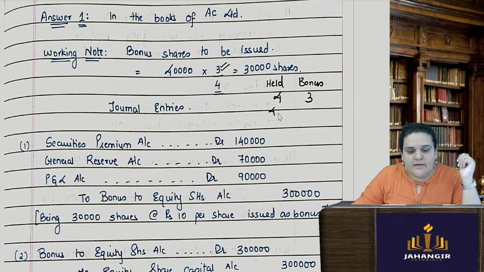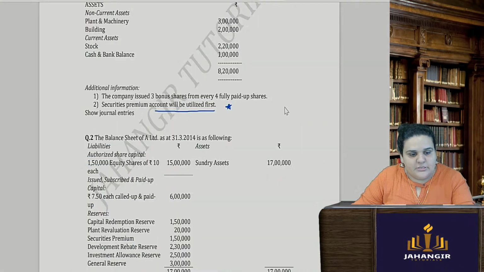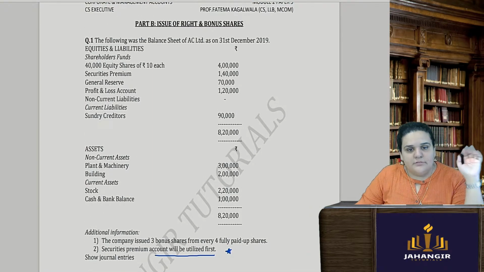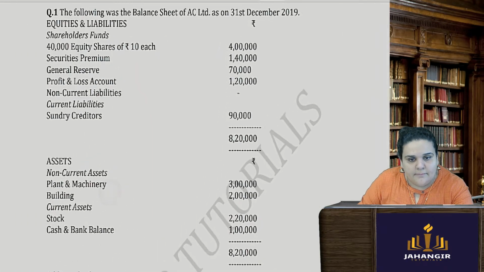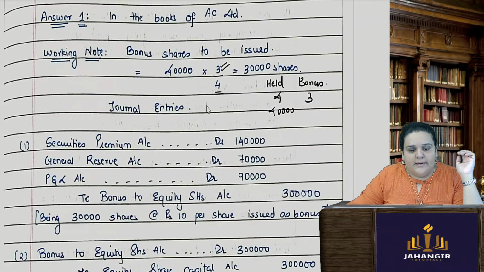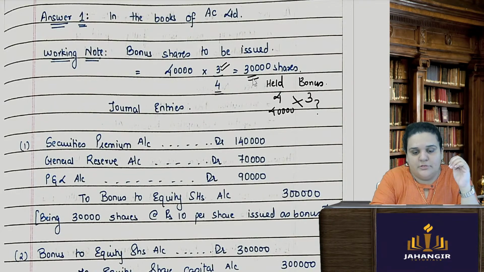Now totally we have 40,000 shares as per our balance sheet. So according to that, 40,000 into 3 divided by 4 gives the number of bonus shares issued. So I am going to issue 30,000 shares.